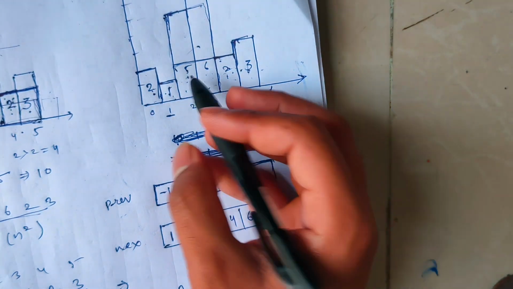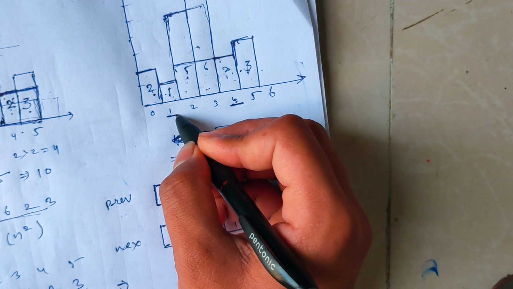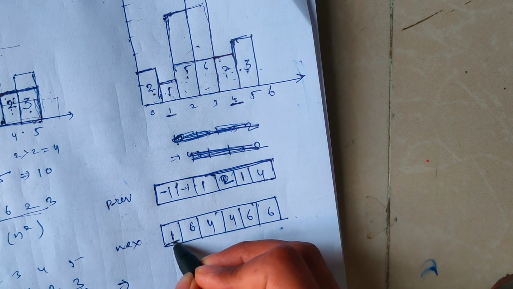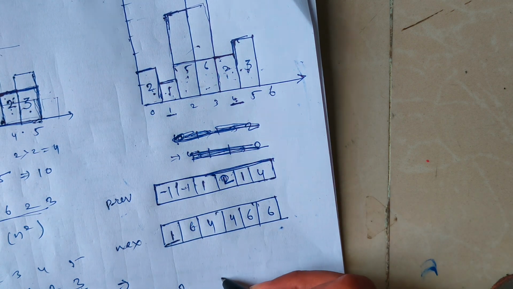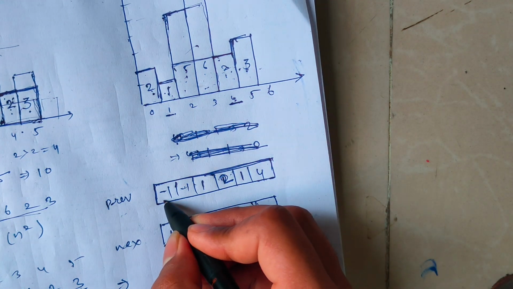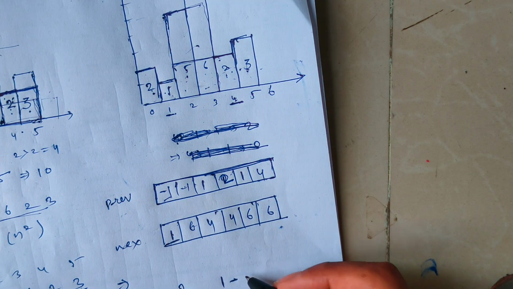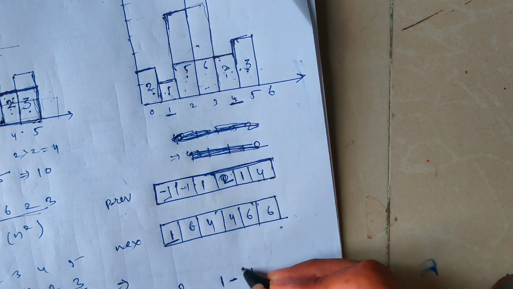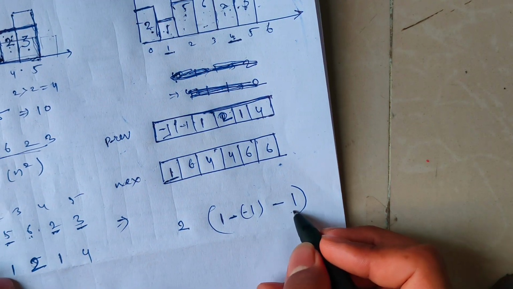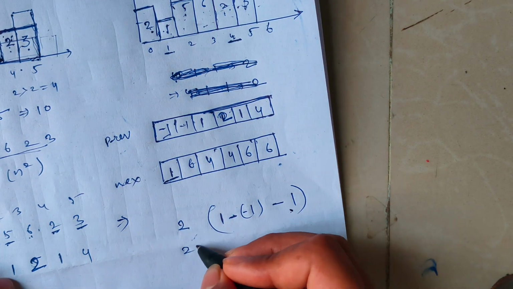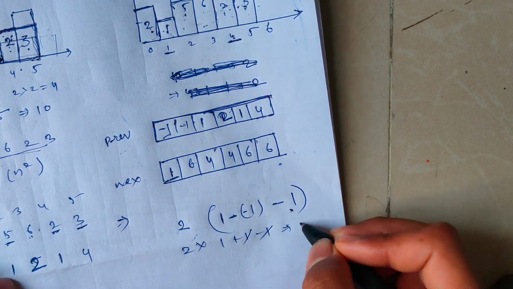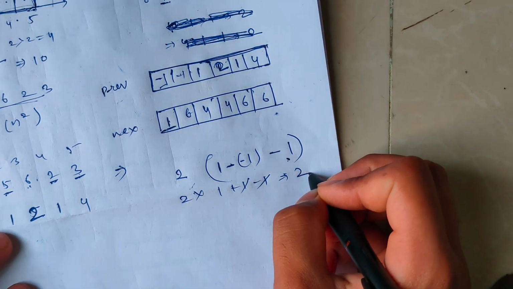I've told you the next smaller element is present at 1, and the previous smaller element is present at -1. So 1 minus -1 would be the width. So 2 into 1 plus 1 minus 1, that is 2. The area would be 2.